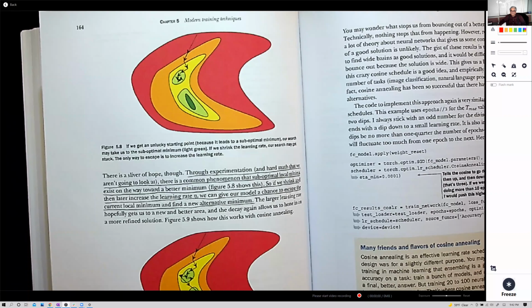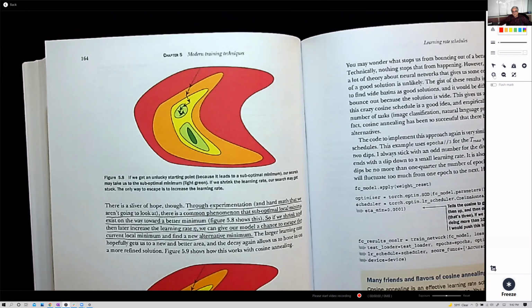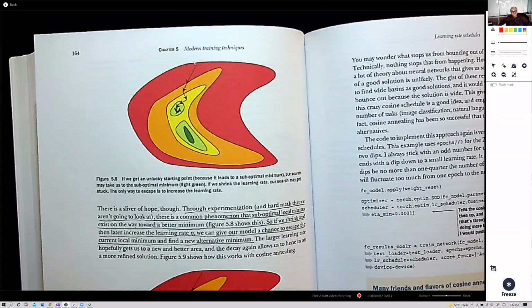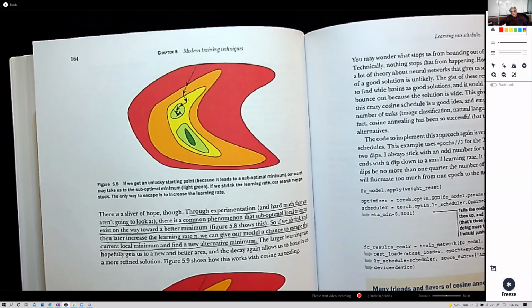The book is saying, if we shrink and then later increase the learning rate, and in my language, reheat the system, you can give our model a chance to escape the current local minima and find a new alternate minima. So look here. Look at the picture above, guys. This picture. Do you notice that you start from here and you came here?